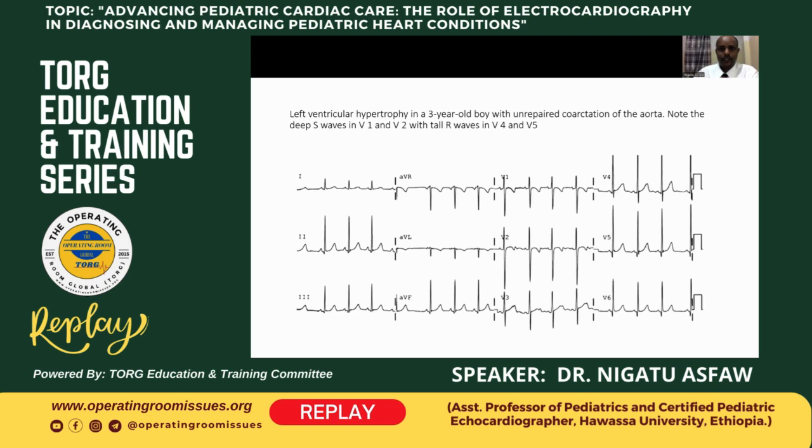And this is the ECG of a 3 year old with coarctation of aorta, which results in left ventricular hypertrophy. As you see, there are deep S waves in V1 and V2 and taller R waves in V6 and V5. So it shows left ventricular hypertrophy.